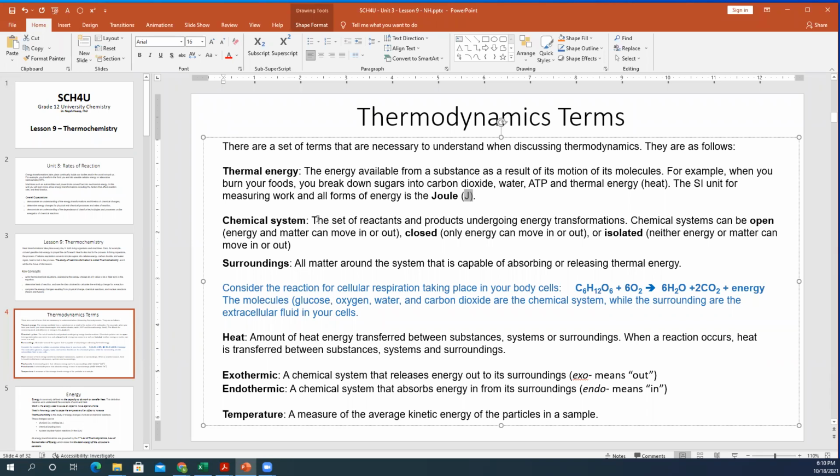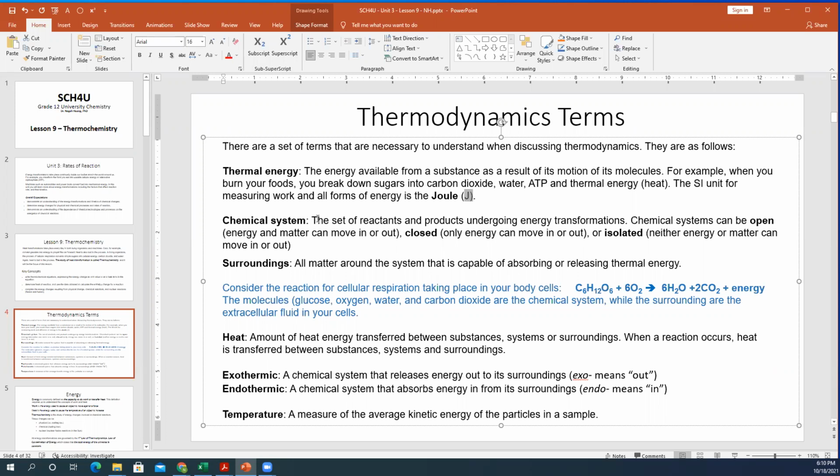So in this example, the molecules of the glucose, the oxygen, the water, and the carbon dioxide are referred to as the chemical system, while the surrounding, the extracellular fluid of our cells, is the surrounding.